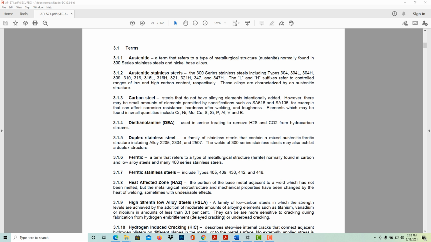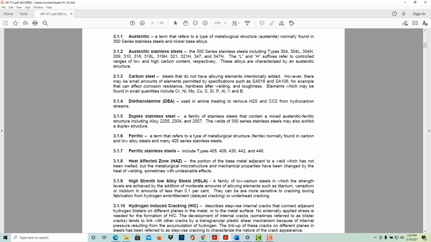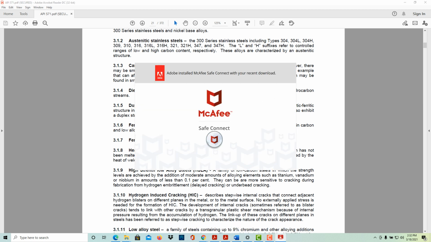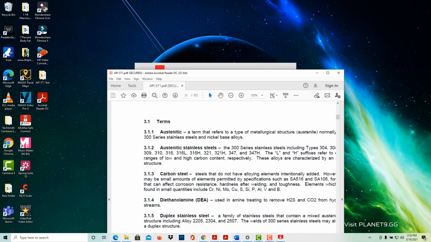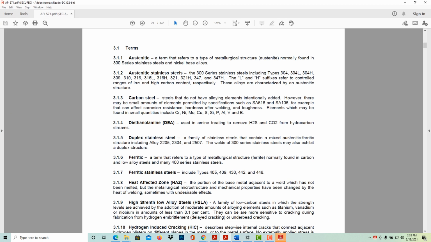Carbon steel, steels that do not have alloying elements intentionally added.